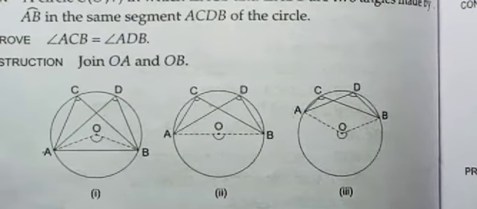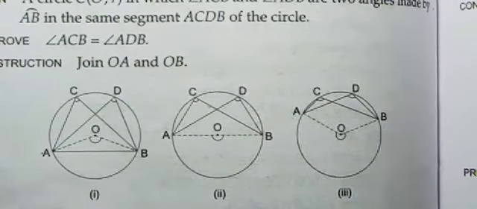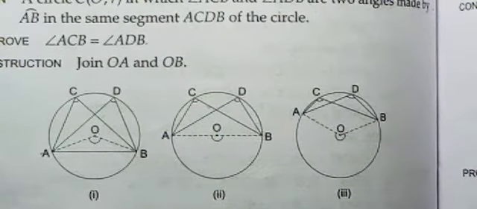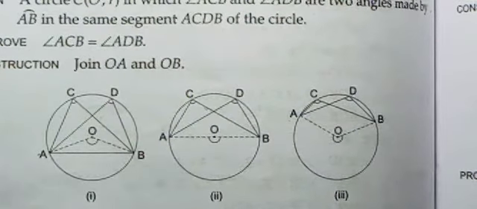There are 3 cases given: case 1, case 2, case 3. Again, some application of theorem 1 is applicable here. So you just go through the proof and read it carefully.